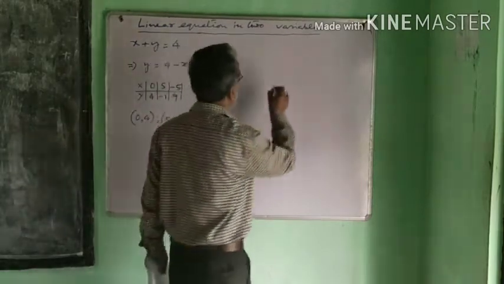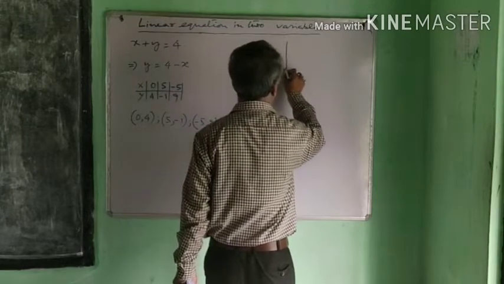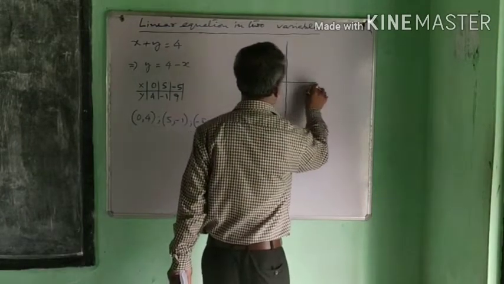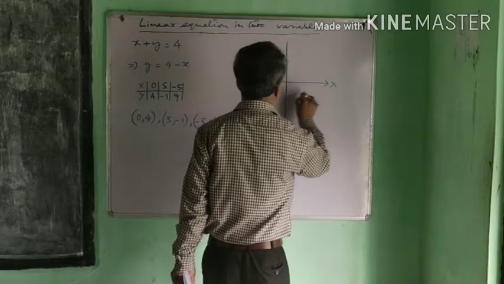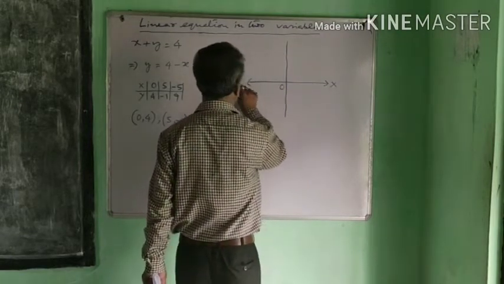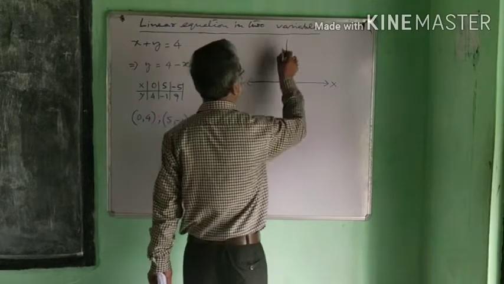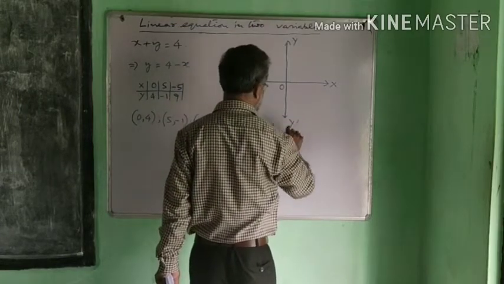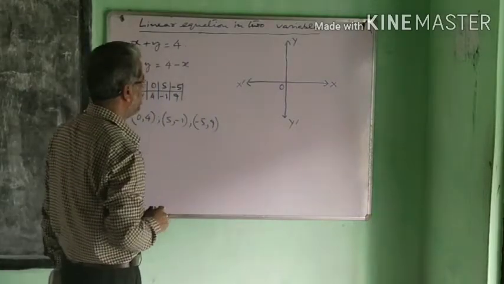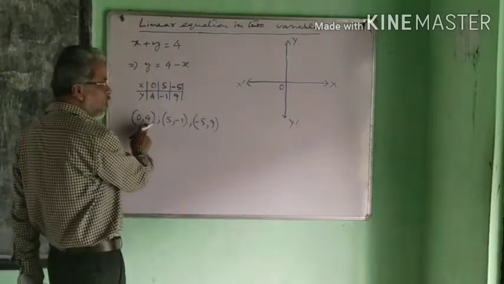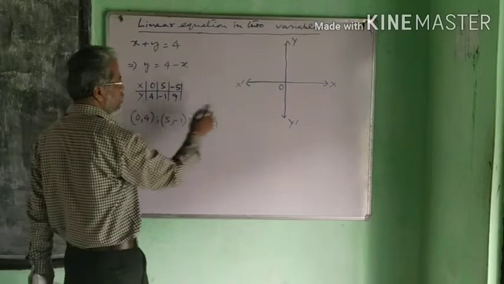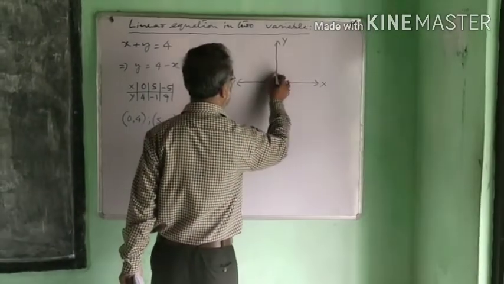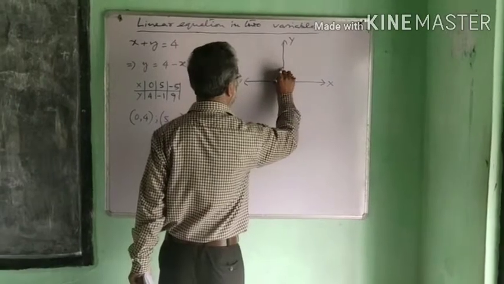See, this is your coordinate plane, X O X dash, Y O Y dash. Now plot the points. 0, 4: abscissa is 0, ordinate is 4, 1, 2, 3, 4.